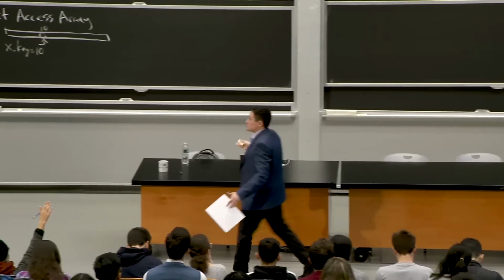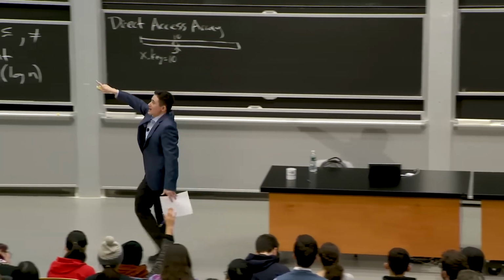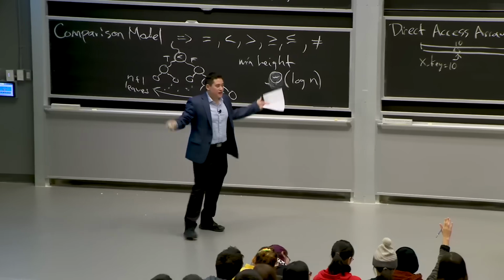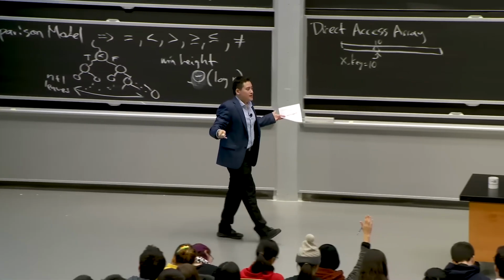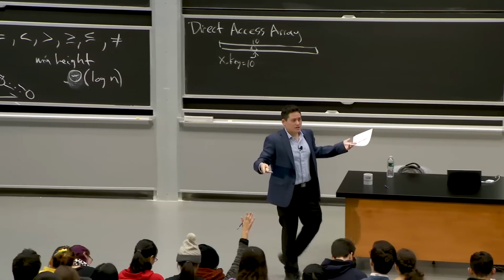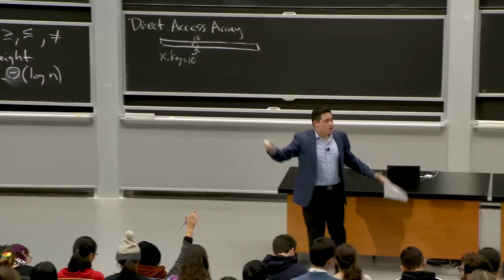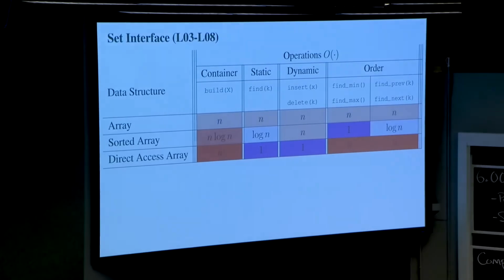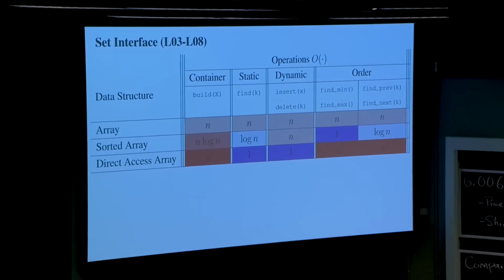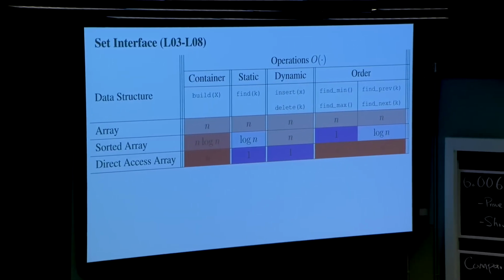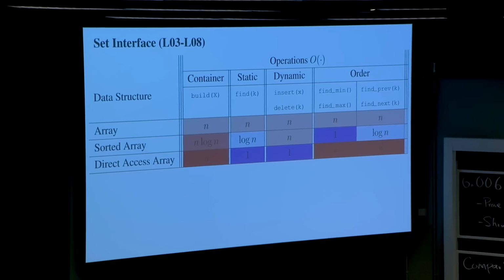And as a variable to talk about the size of the numbers I'm storing, I'm going to say u is the maximum size of any number that I'm storing. That's the size of the universe of keys that I'm storing. Does that make sense? To instantiate a direct access array of that size, I have to allocate that amount of space. If that is much bigger than n, then I'm in trouble, because I'm using much more space.